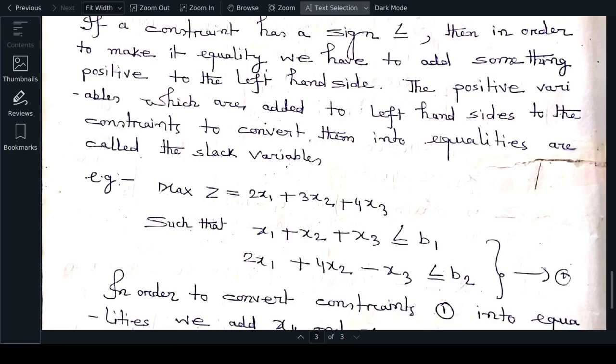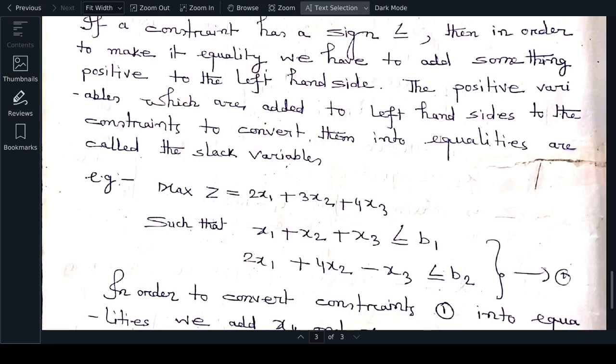So which side is greater? The right hand side is greater. So if the right hand side is greater, then what do we do? Our aim is equality. So we add something positive to the left hand side. So x1 plus x2 plus, suppose one variable, say s1.